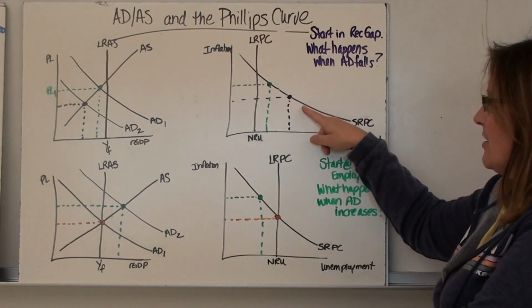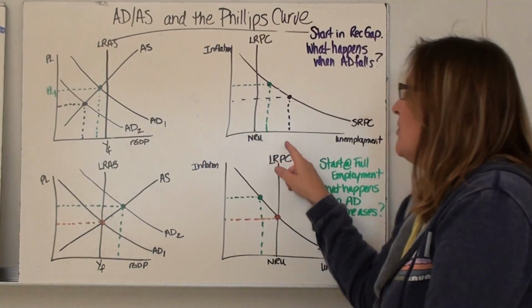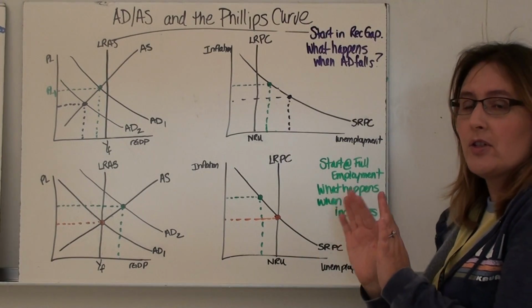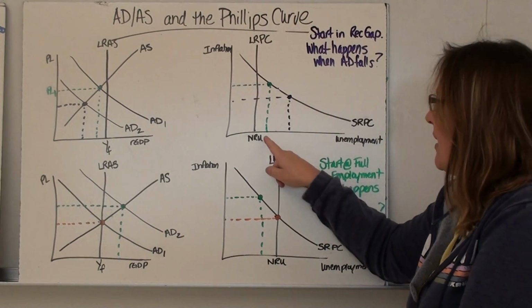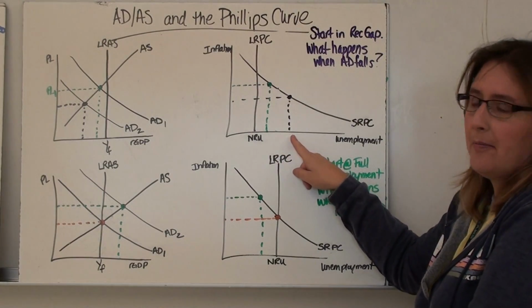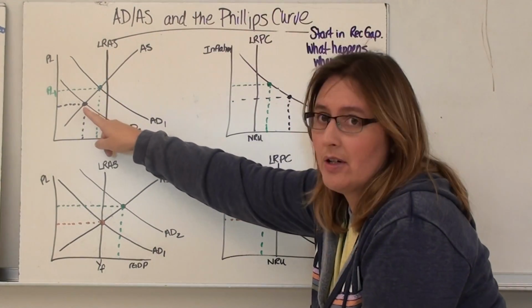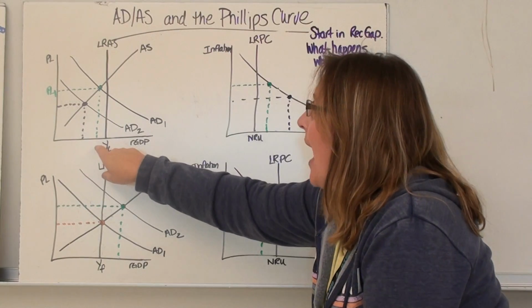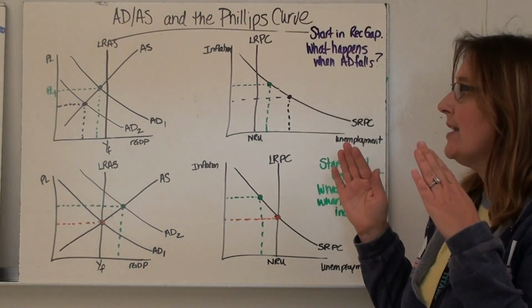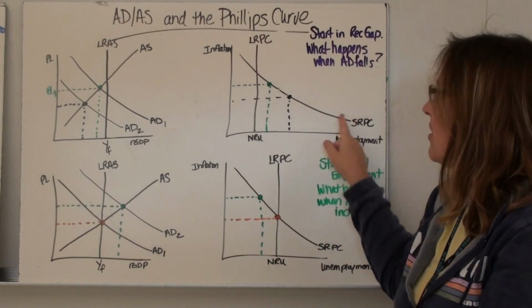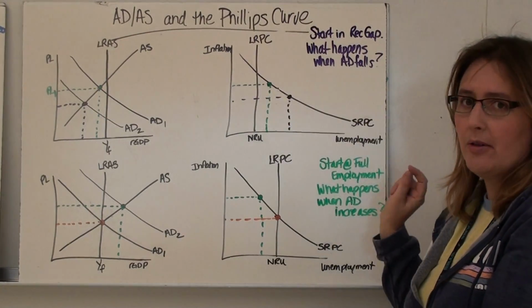This one's going to go down to the right, because output and unemployment are inversely related. Our price level has gone down, inflation has gone down, and our unemployment has gone up. Over here, price level has also gone down, and output has gone down, which means unemployment is going to go up. So when we move AD, we're just sliding along the short-run Phillips curve.